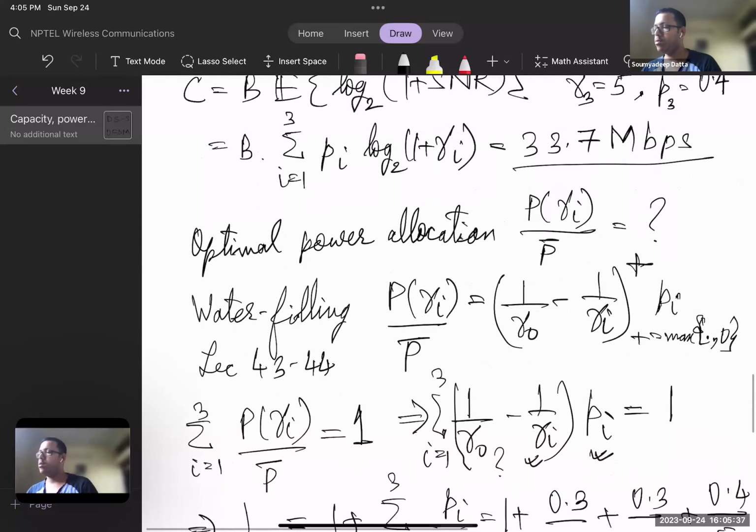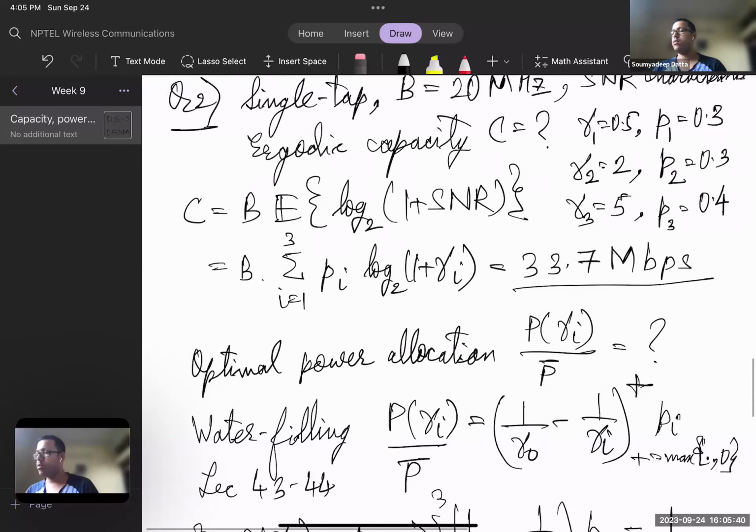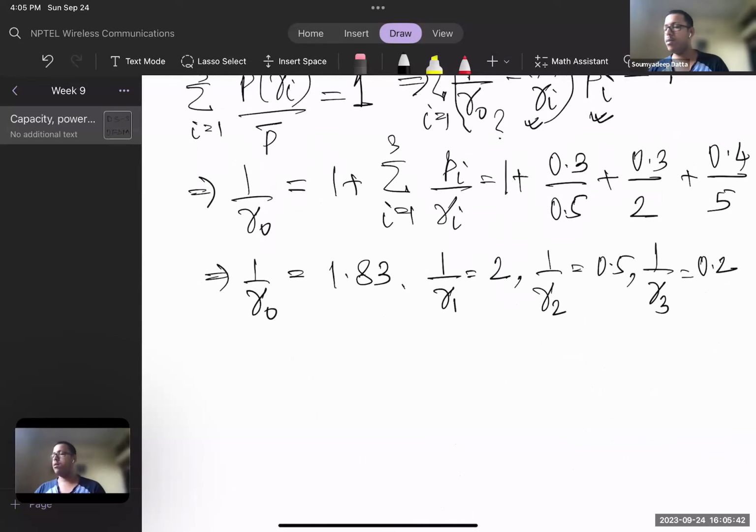Gamma 3 is 5. So you can see that 1 by gamma naught is less than 1 by gamma 1.